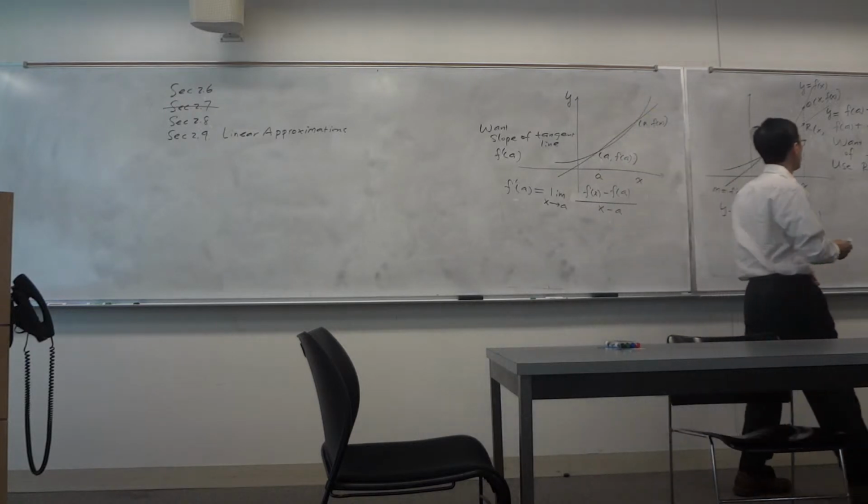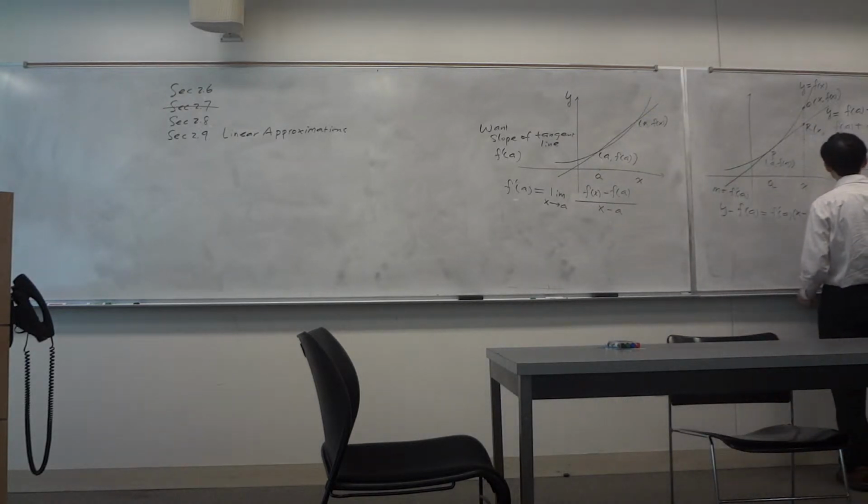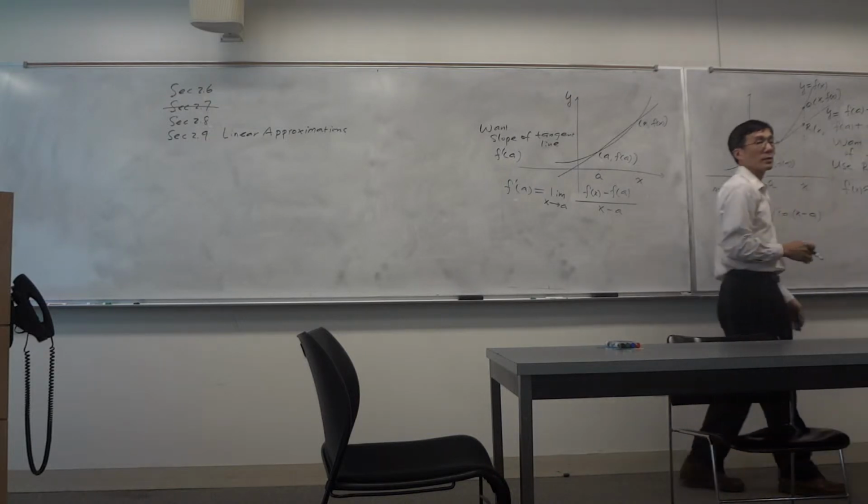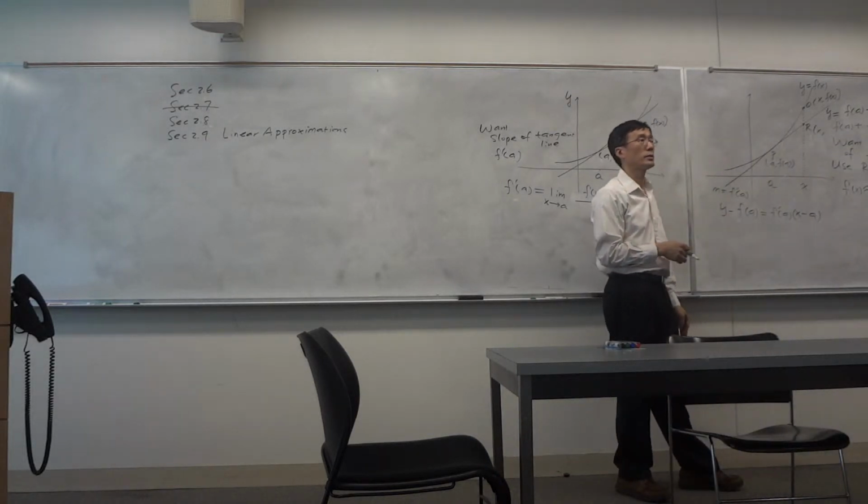So we have the following approximation, which is f(x) is approximately equal to f(a) plus f'(a) times (x minus a), right? That's the approximation. This is called a linear approximation.